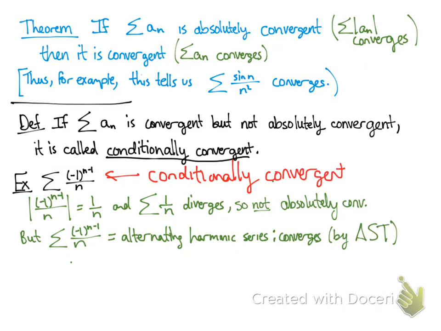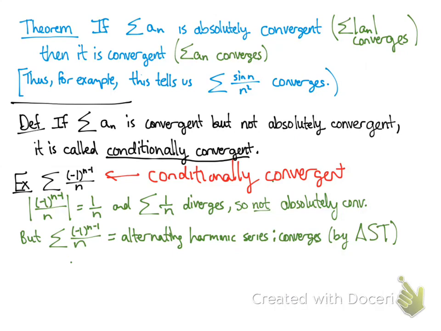Okay, so to sum up, for series that are sometimes positive and sometimes negative, you can ask whether the absolute value version of that series converges. And if so, that's called an absolutely convergent series. And if that happens, then the original series also has to be convergent.